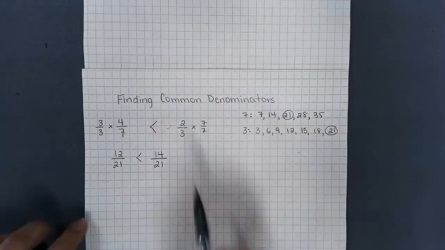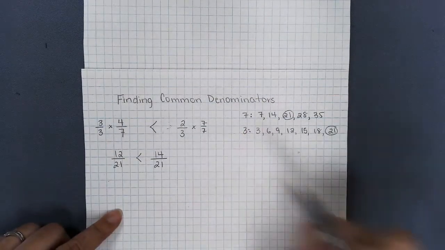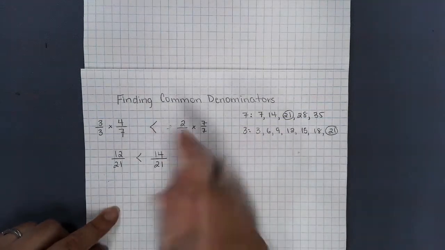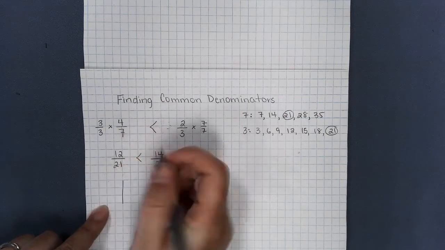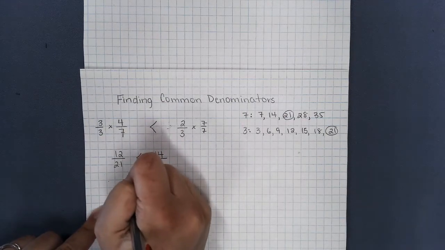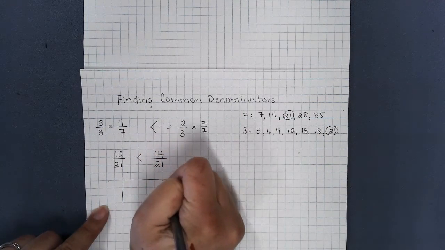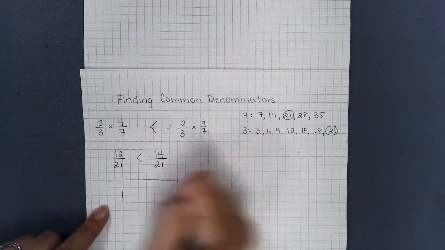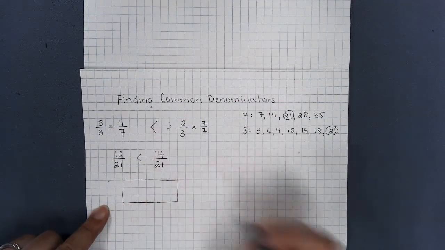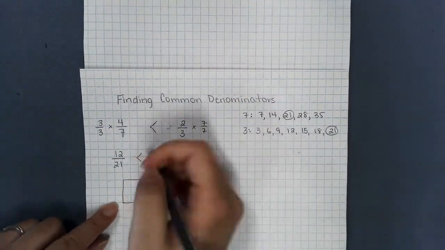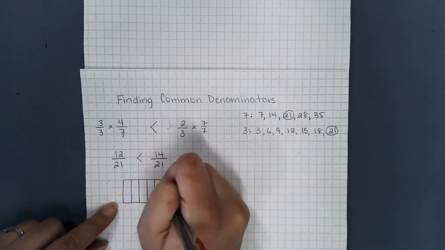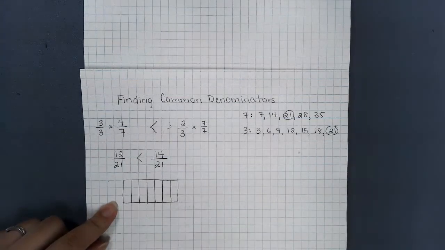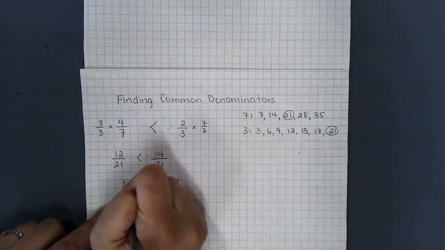I can show you what exactly we're doing with an image as well. So I can take my 4/7. I've got an image here. And I'm going to divide it into 7 equal pieces. And I'm going to shade 4 of those pieces.